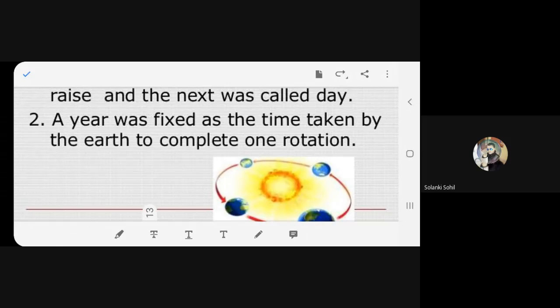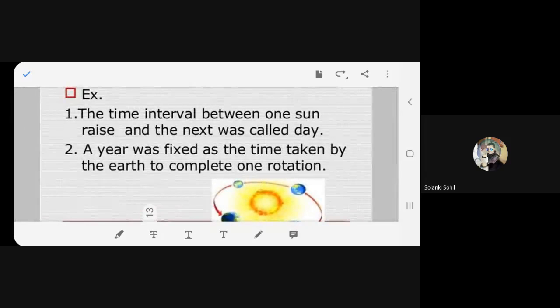So understood now? So what did we find? We found, not we, they, our ancestors, day and year. So what is a day? The time between one sunrise and the next sunrise. That is one day. What is a year? It is fixed always. Remember, day is fixed, year is fixed.